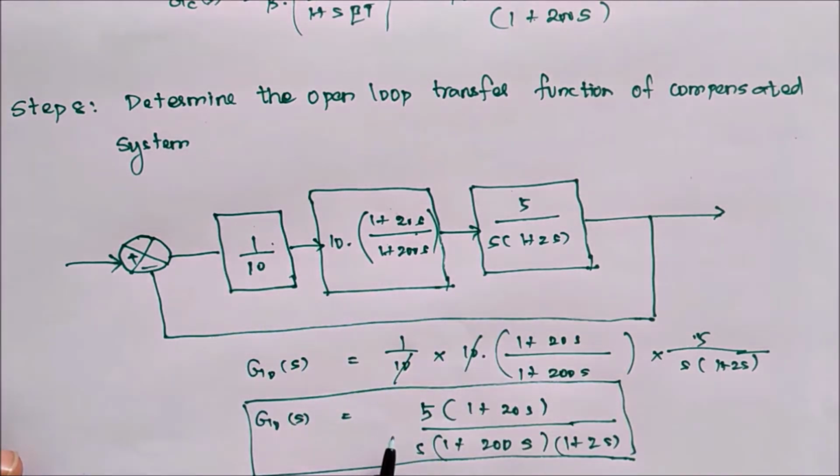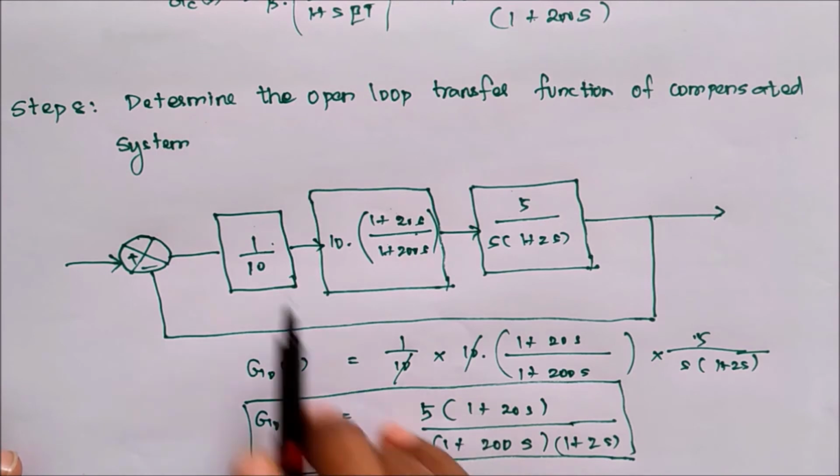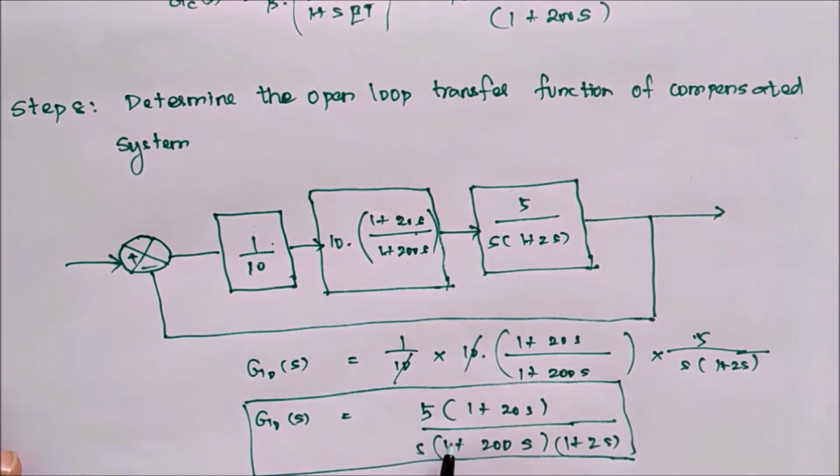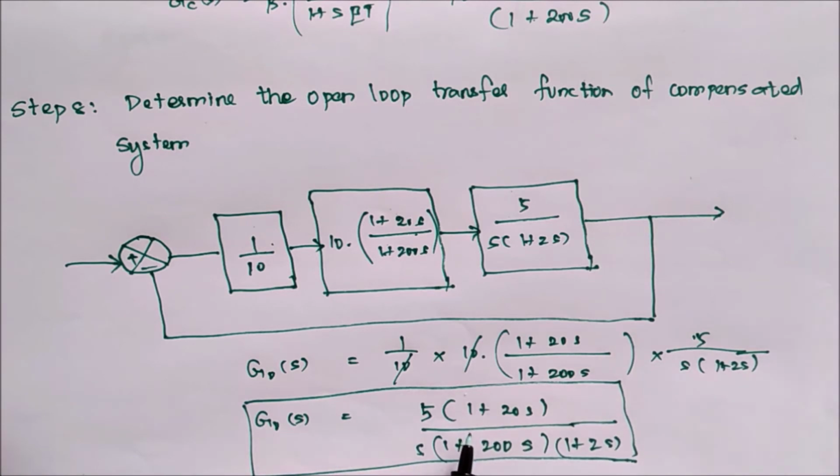After multiplication of these three blocks, we got the open loop transfer function G open of s equals 5 into 1 plus 20s divided by s into 1 plus 200s into 1 plus 2s. In the next step we have to verify, for this open loop transfer function, whether the gain margin is 40 or some other value.